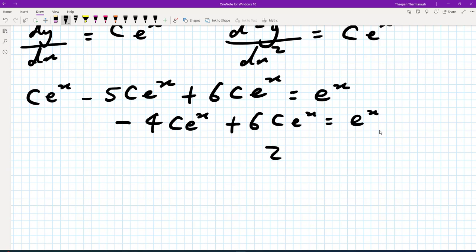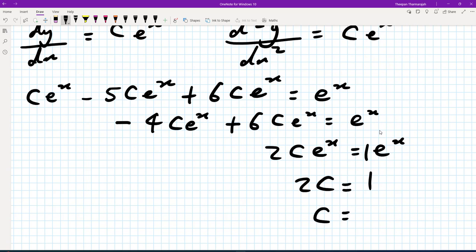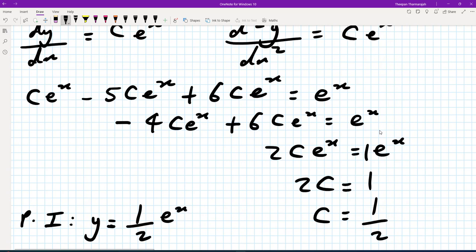That simply gives 2c e to the x equals e to the x. Equating the coefficients of e to the x, I get 2c is equal to 1, so c is equal to a half, and therefore my particular integral is y equals a half e to the x.